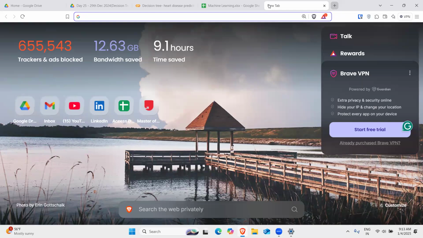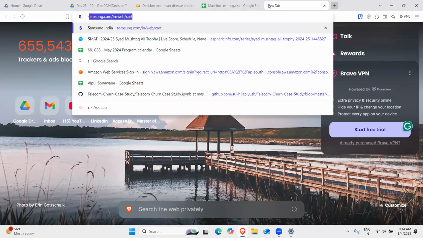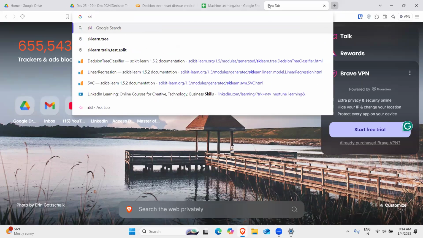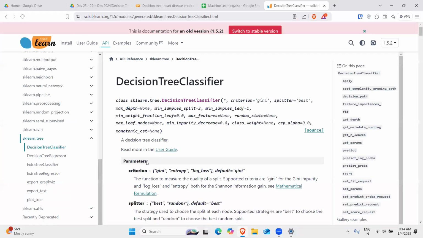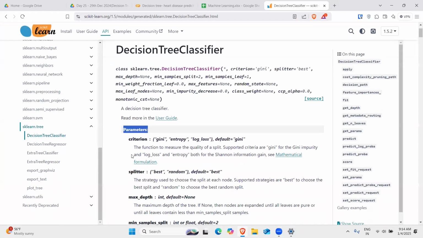If you go to the official documentation of sklearn decision tree, you can see there are n number of parameters that we can use to increase the accuracy, right? For example, if I use criterion, I can add Gini or entropy or log loss. These are the permissible values.